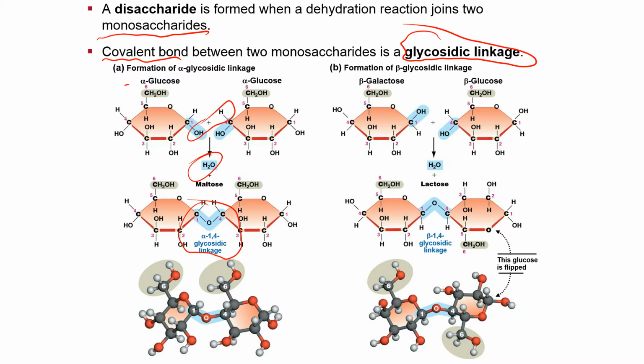Maltose is a disaccharide. Now, something like lactose. Lactose is composed of glucose and galactose. Glucose is a monosaccharide, galactose is a monosaccharide. You join these two together, you get lactose. Lactose is the sugar found in milk. It's milk sugar.